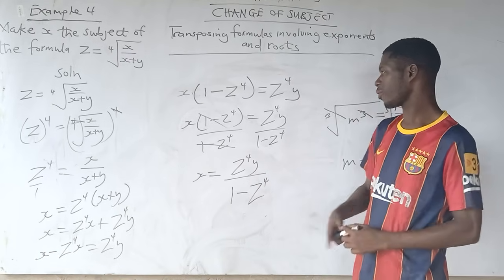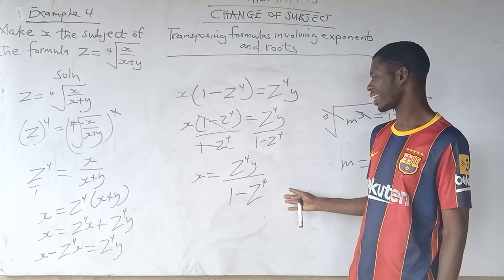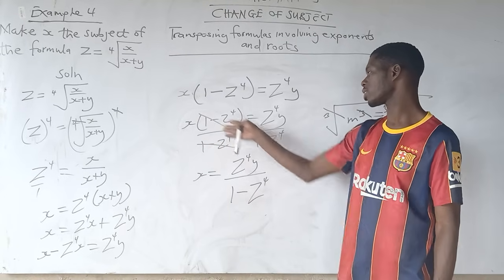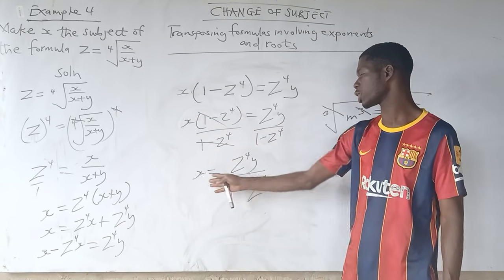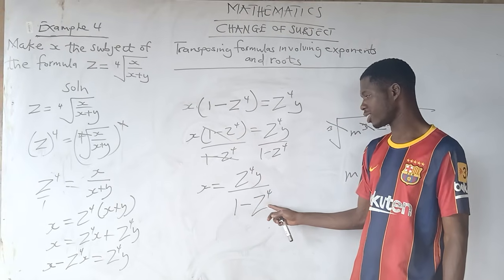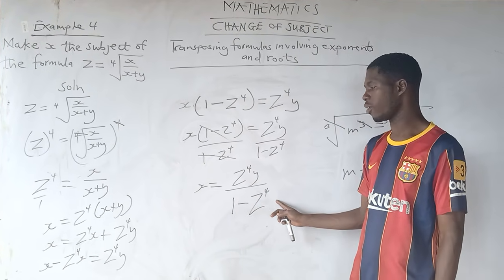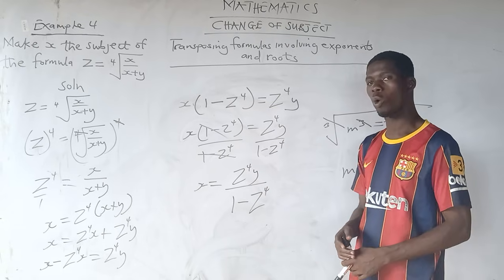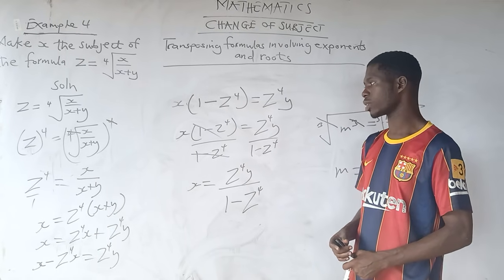So now that is the final answer. This one cancels this one, then it will be left with this one. So x is equal to z to the power 4 y over 1 minus z to the power 4. Right, so simple.